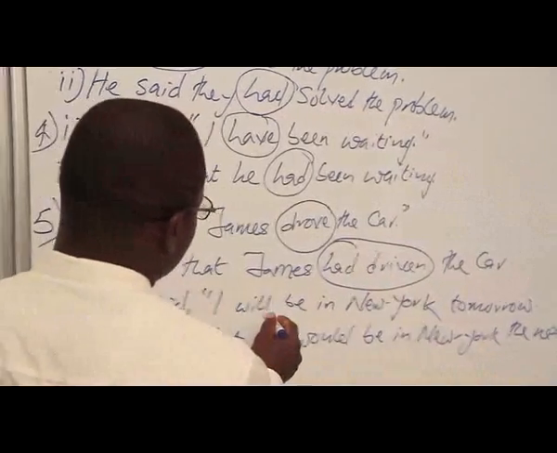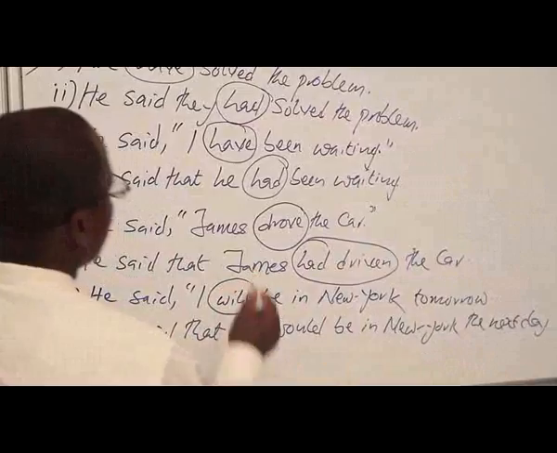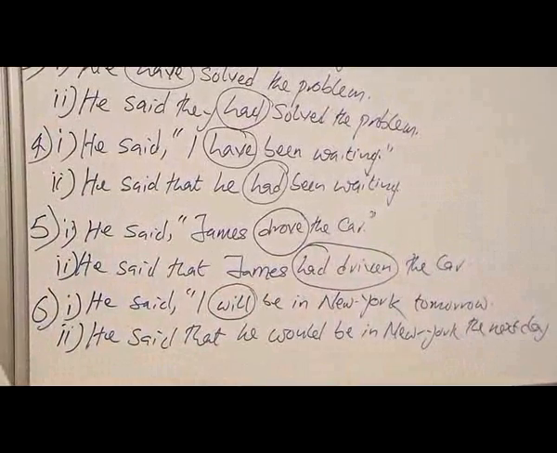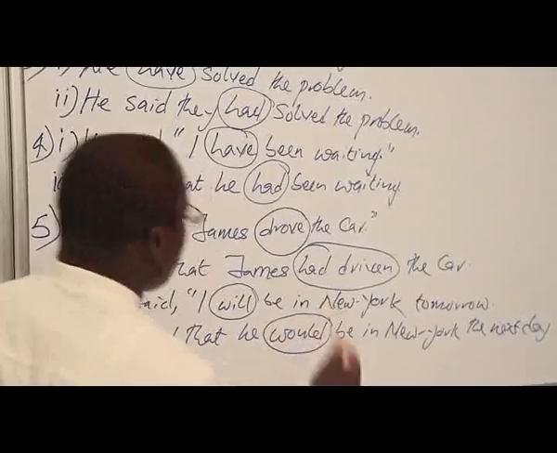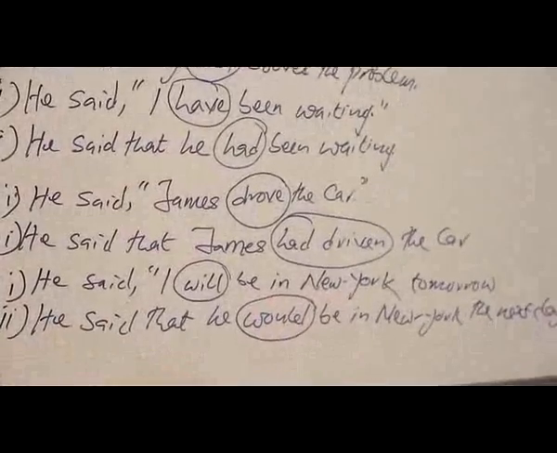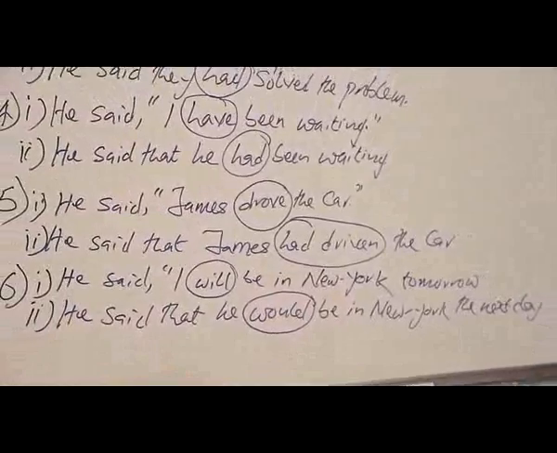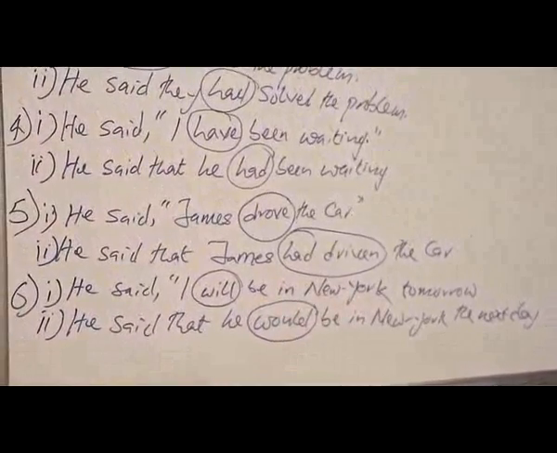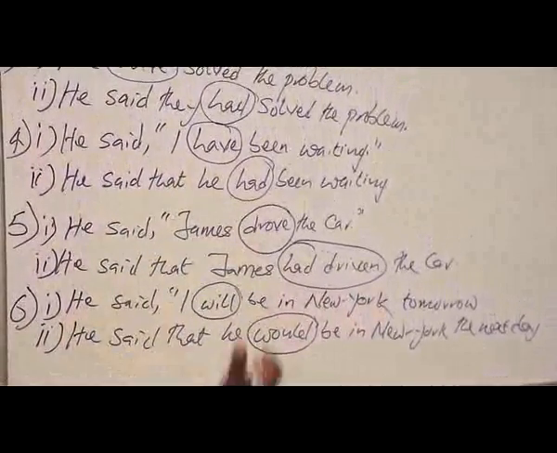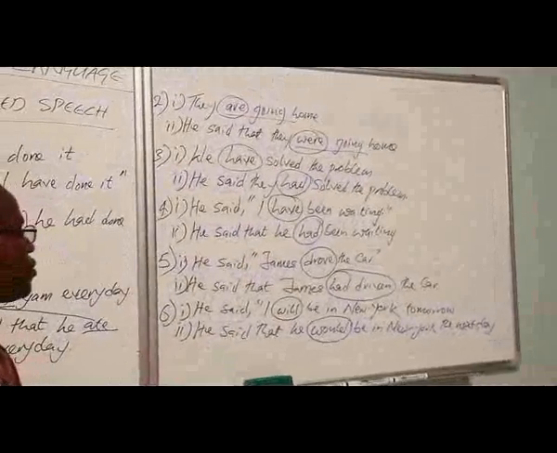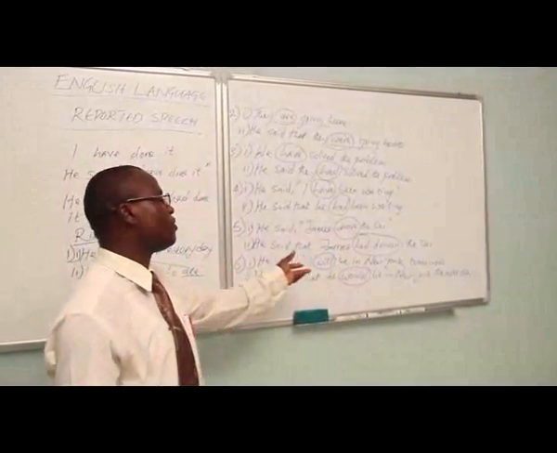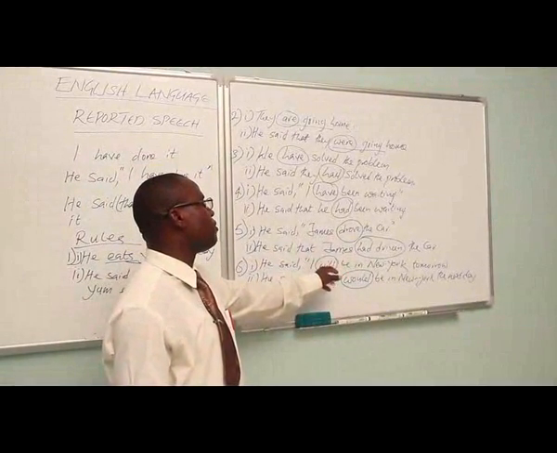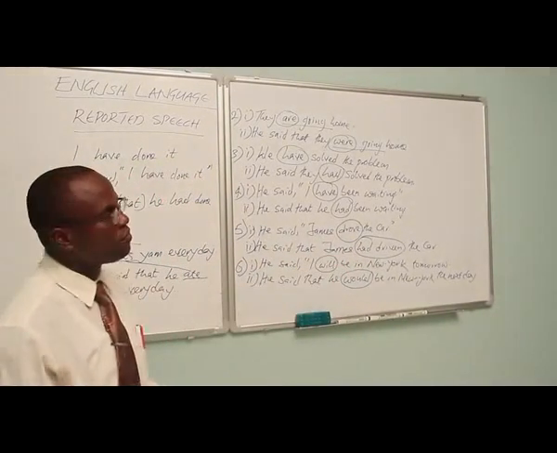Now, what has happened is that this will, which is the present form of this auxiliary verb, changes to the past form of the auxiliary. So it is also the issue of changing from present to past, but this time it's not the future tense that has changed, but what has changed is the element in the future tense, from the present form will to the past form would.